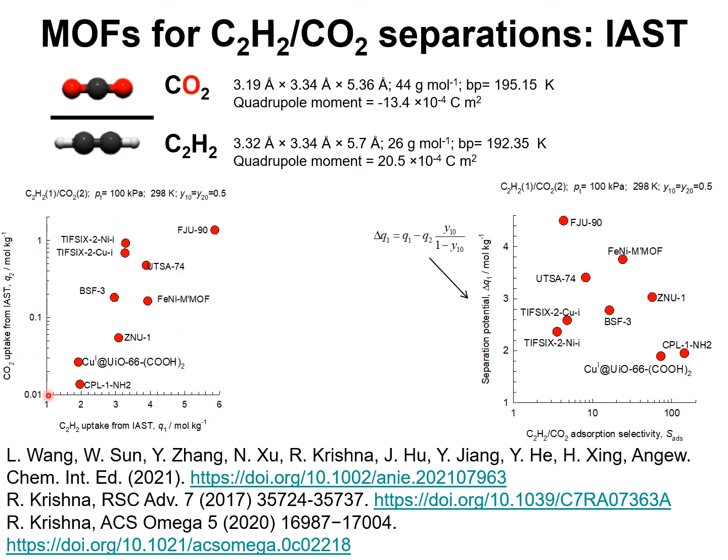The left graph here plots the CO2 uptake against the ethine uptake at a total pressure of 100 kilopascal and temperature of 298 Kelvin and an equimolar ethine/CO2 mixture.